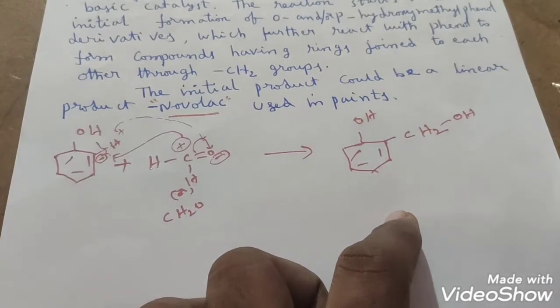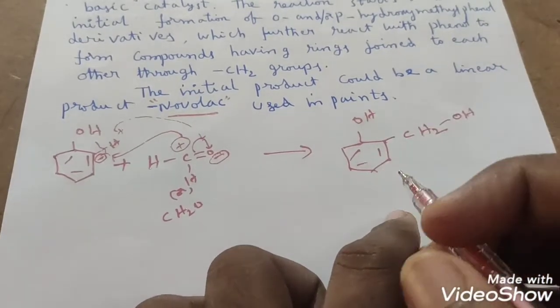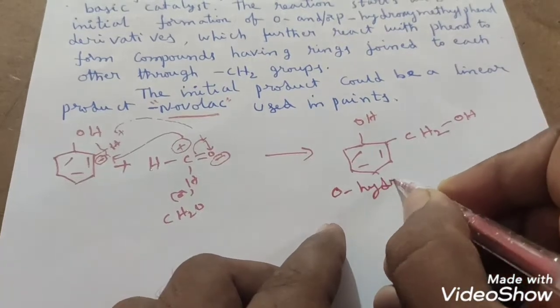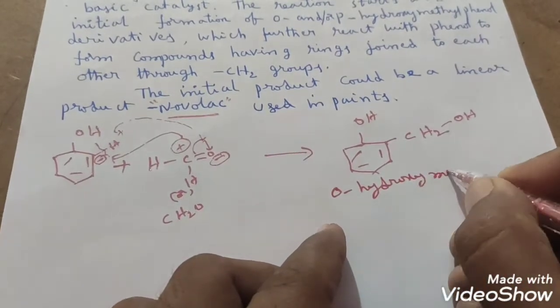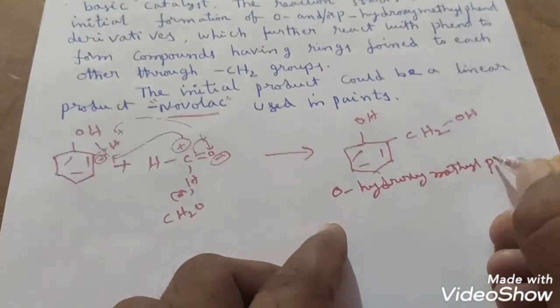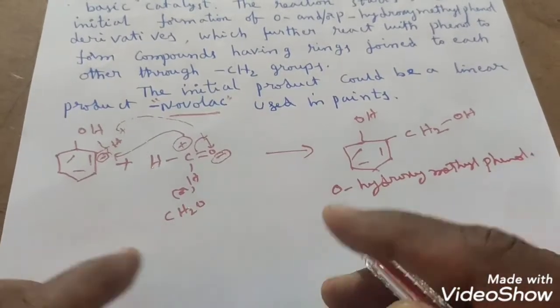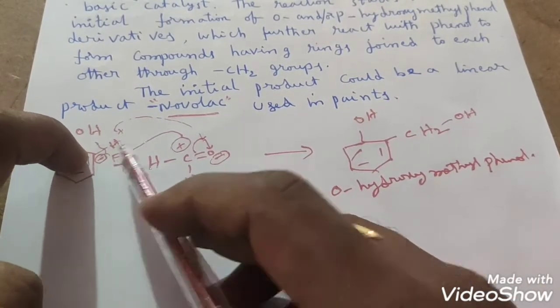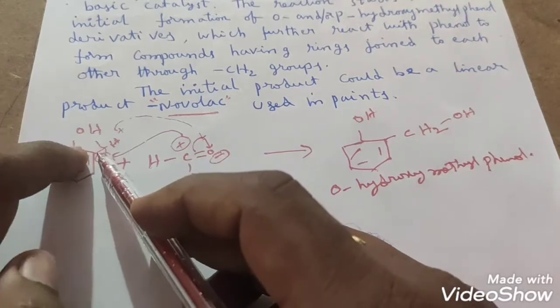Derivative we have got, correct? Ortho-hydroxymethyl phenol. This is ortho-hydroxymethyl phenol we have got. Suppose here the hydrogen atom is broken, the carbon hydrogen bond broken, and here substitution has happened.